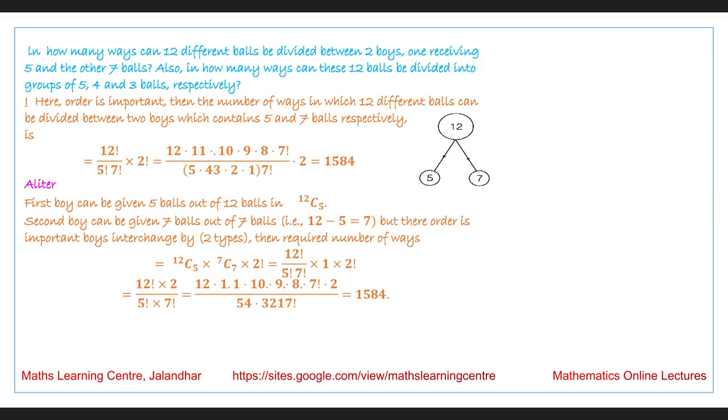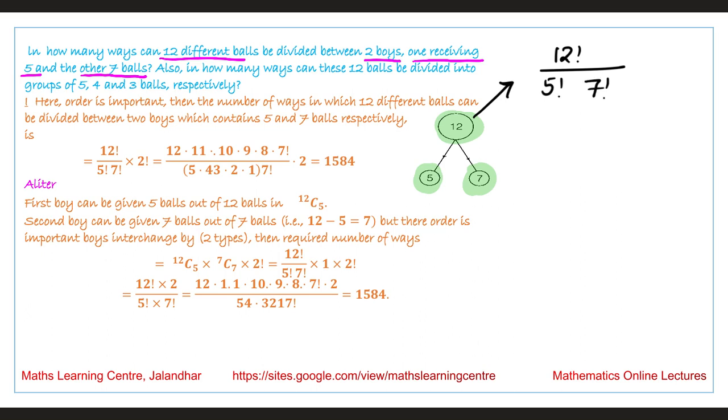Next is, in how many ways can 12 different balls be divided between two boys, one receiving 5 and the other receiving 7 balls. We have a total of 12 balls to be divided among two boys. One has to receive 5 and the other has to receive 7 balls. So the total number of options for the balls is 12 factorial, to be distributed among 2 persons, 5 factorial and 7 factorial, and these 2 persons can be interchanged, 2 factorial ways.